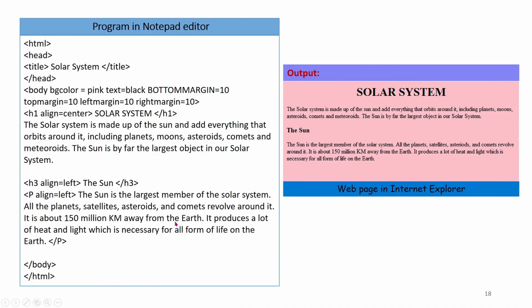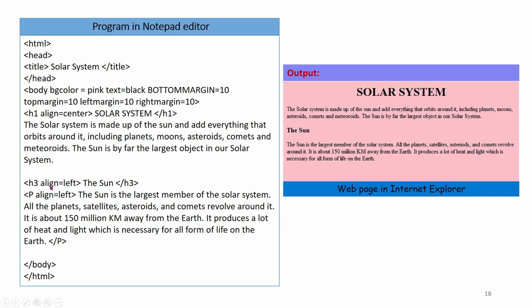Now for this, we have again written the program. HTML head, title, solar system, then background color pink, text black, bottom margin, all the margins are set to 10. Then H1 is aligned as center, which is solar system. Then I have written the text.